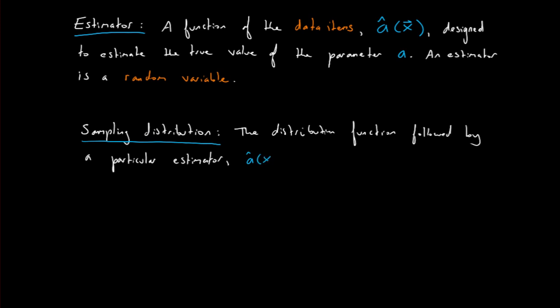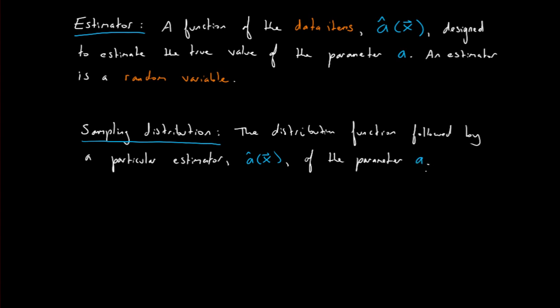I'm going to again make it explicit that it depends on these data items, and it's an estimator of the parameter A.